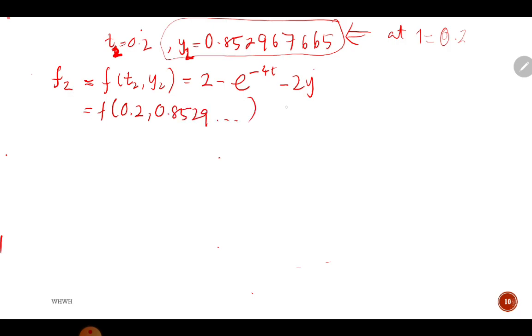Okay, so maknanya untuk cari F2, you just have to put in 2 tolak dengan e the power of minus 4 t, t is 0.2, tolak dengan 2 darab dengan 0.852697665. Okay, so that is the value of our F2.